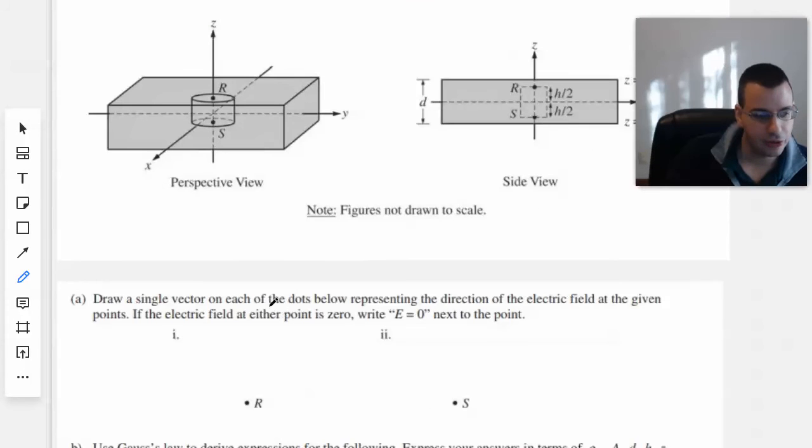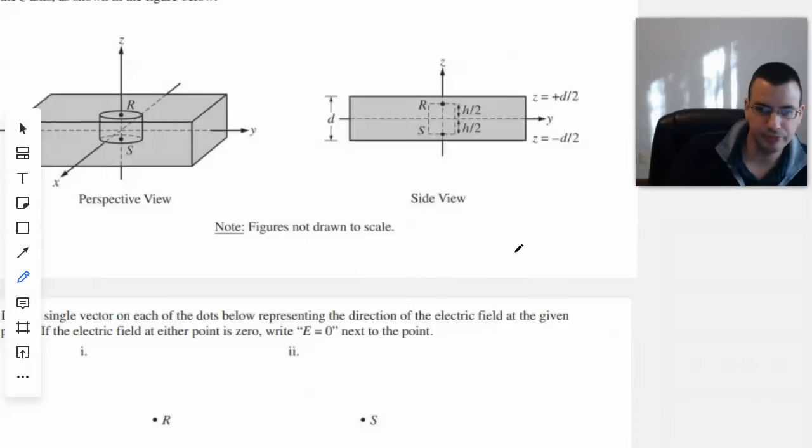Draw a single vector on each of the dots below representing the direction of the electric field at the points. If the electric field at either point is 0, write E equals 0. So we're talking about R and S here. At this point, the electric field is going to be outward on both sides.